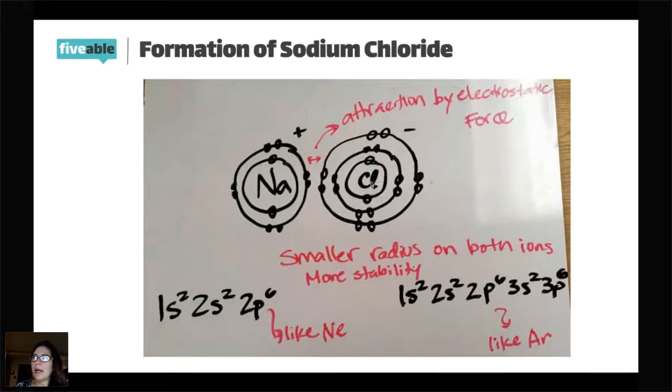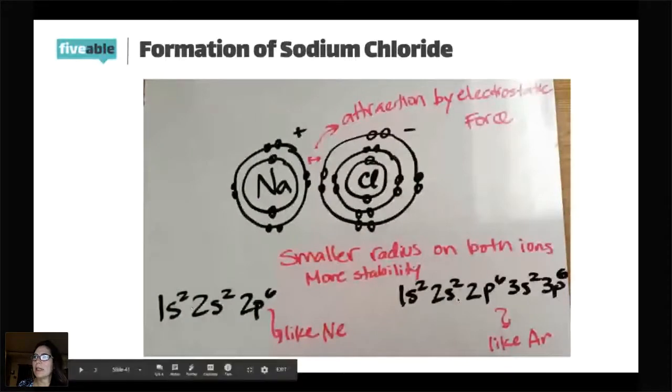You have 1 electron more than protons, so the nuclear charge is not able to hold it close enough. So the sodium ion will be smaller than the original atom, and the chlorine ion will be larger than the original atom. But they will reach more stability because their electron configurations are going to be like those of noble gases, neon and argon. And that's why they're kept together with this attraction.